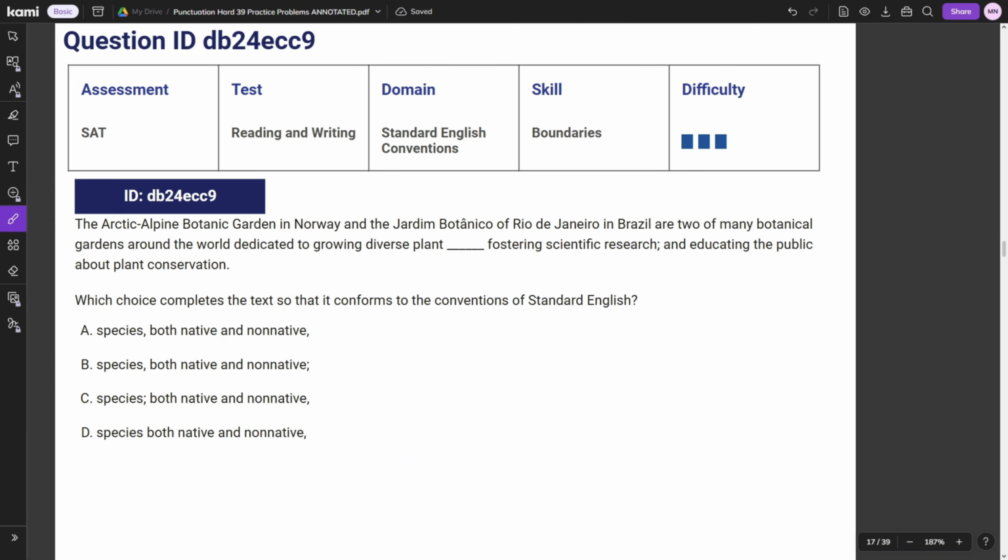If there's at least one semicolon that they use in the text, excluding the one that you'd put in the blank, it will 100% be a complex list with semicolons. So let's quickly look through our text, and you'll notice here that there is a semicolon. Now if we plug in one of our answer choices, theoretically, we would also have a semicolon here. So we have two semicolons, making this a complex list with semicolons.